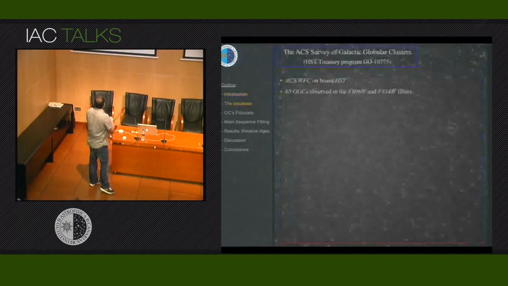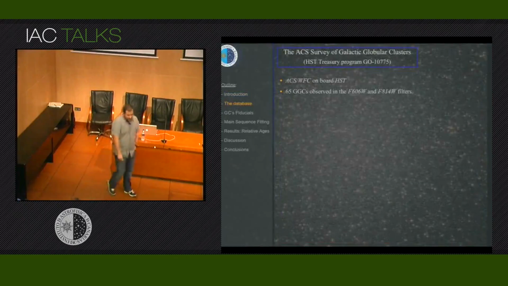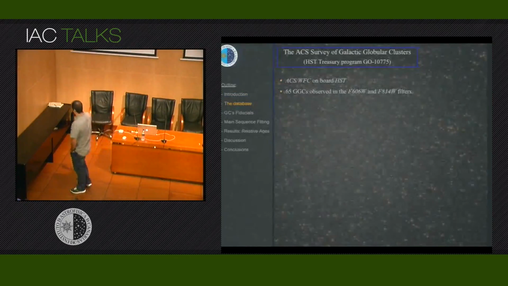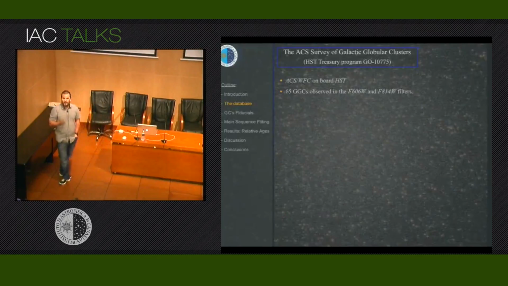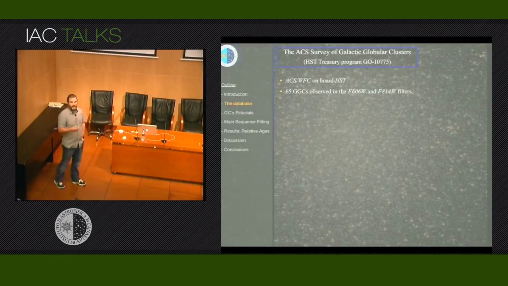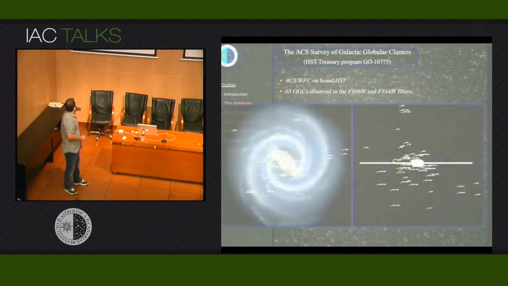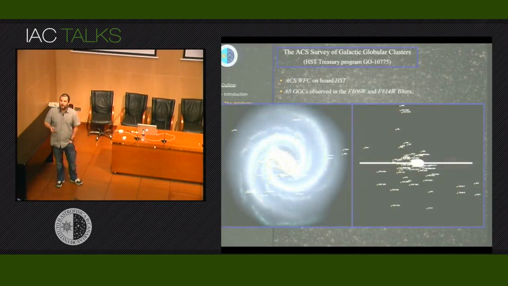So this is the point to present our database. This work is part of the ACS survey of galactic globular clusters. We have observed using the ACS Wide Field Camera for Surveys on board the HST. We observed 65 globular clusters. You can see here the spatial distribution of globular clusters in the galaxy.